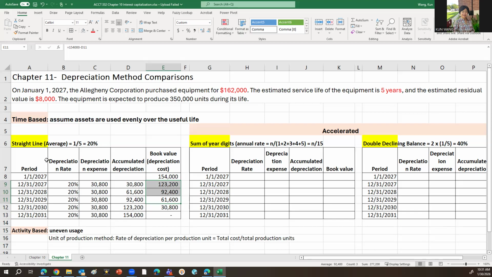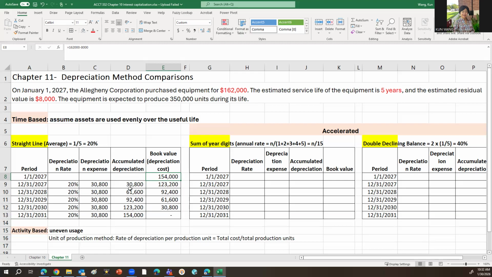But in terms of the depreciation schedule, let's review straight line. First, determine your depreciation base, which is the original cost minus any salvage value. Then determine your depreciation rate, which is an average over the service life. Then annual or periodic depreciation should be equal from period to period.